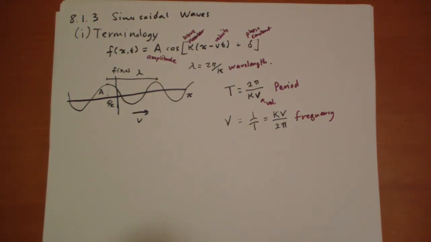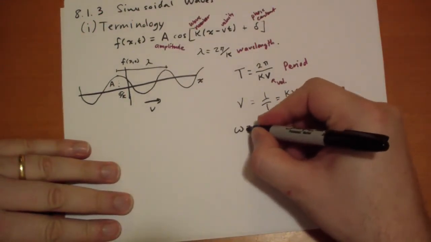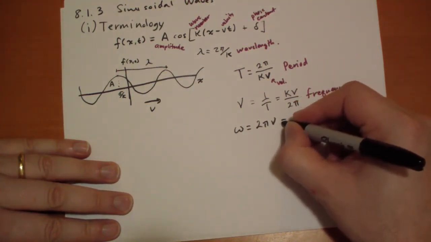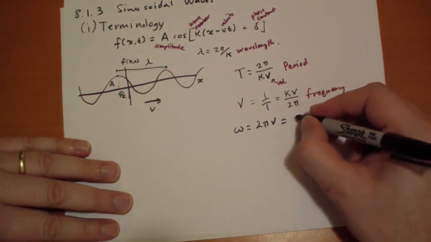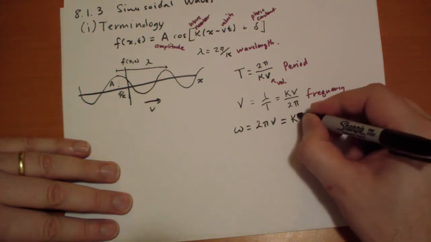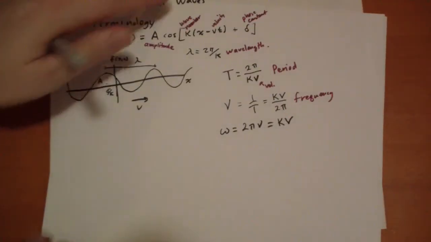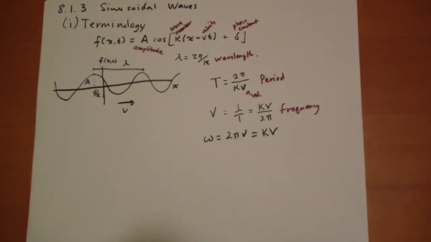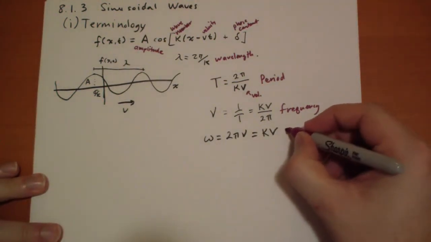Oftentimes you'll see omega, the angular frequency, which is just 2 pi nu. Multiply 2 pi by nu, you just get kv. It just kills out the 2 pi. Keep your nus and v's straight. It's an unfortunate freak of nature. This is the angular frequency.